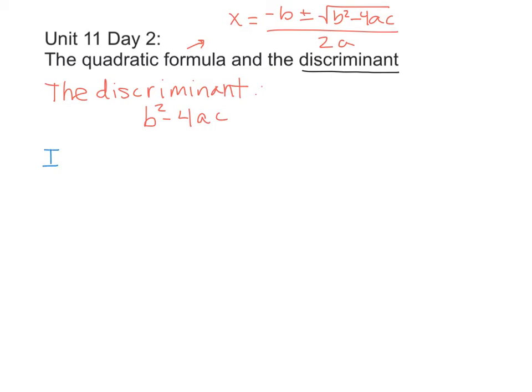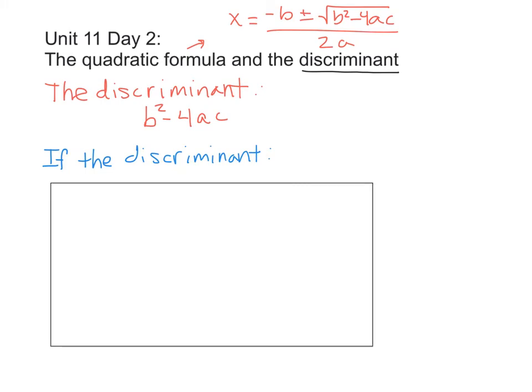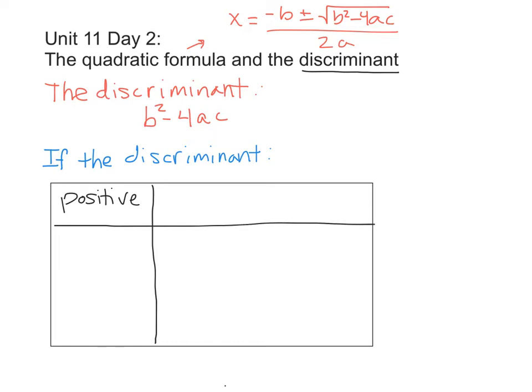So, if the discriminant is positive, it tells us that there are 2 real solutions, which we kind of saw in class. 2 solutions.